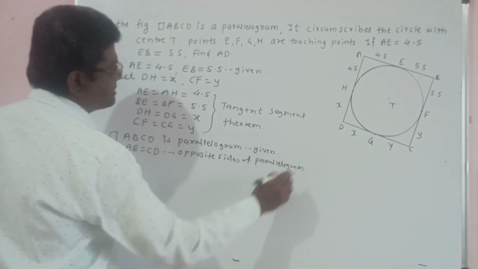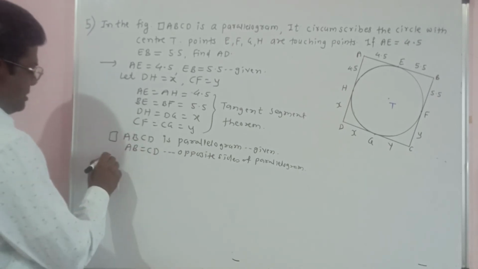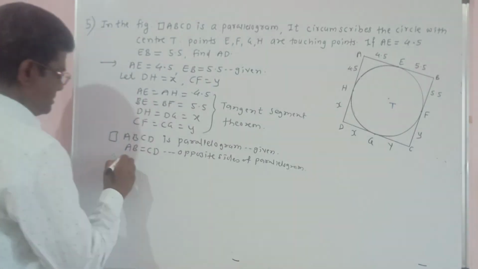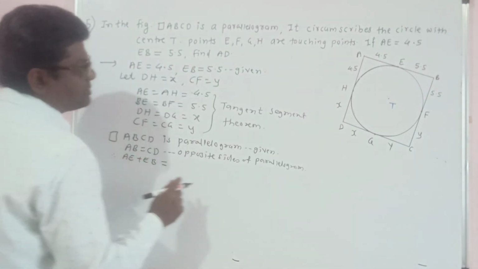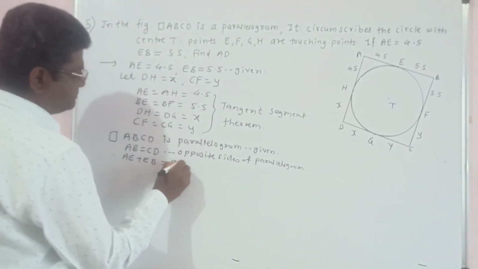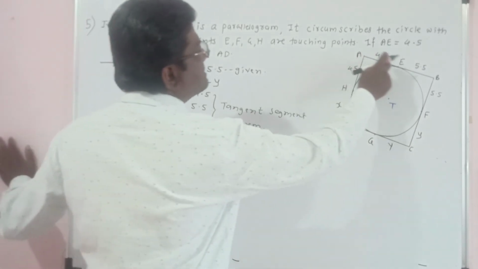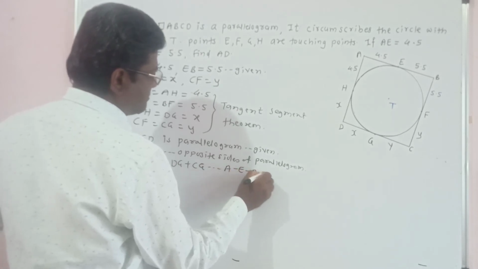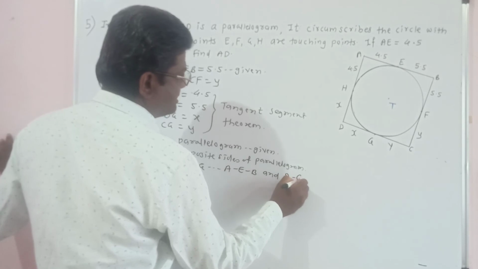We know that opposite sides of a parallelogram are equal. Therefore, now AB is AE plus EB, and CD is DG plus CG. Reason is A-E-B and D-G-C.